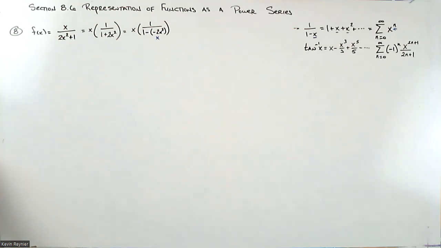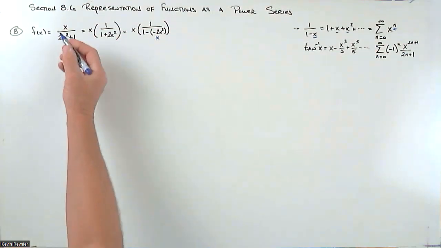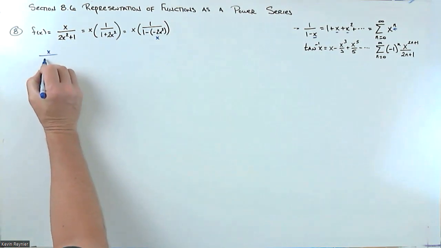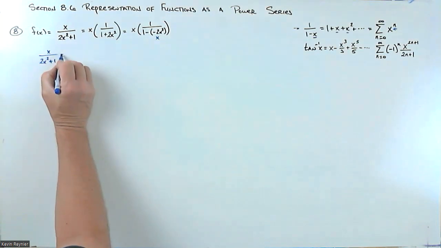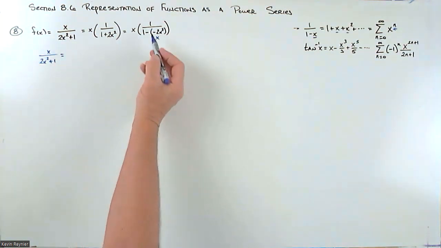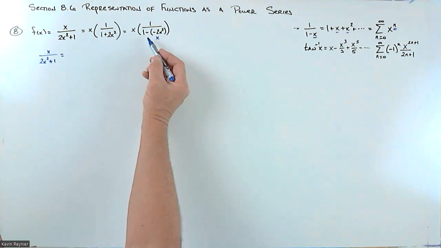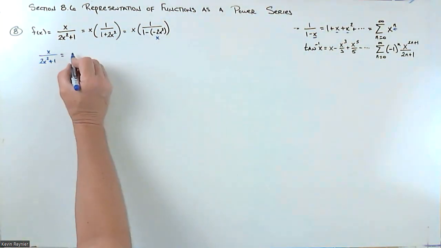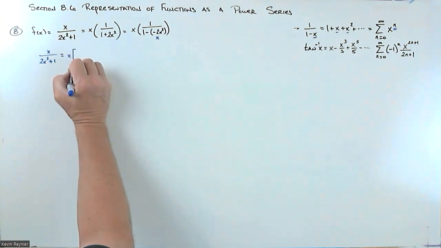So we, therefore, can say that x over 2x squared plus 1 is equal to, and now we're going to write it using this power series. The x on the outside we just leave alone.